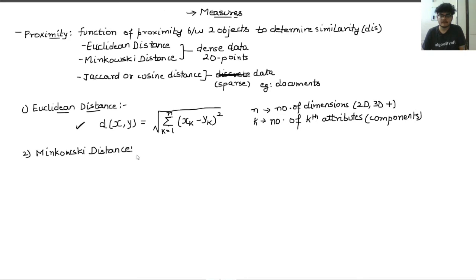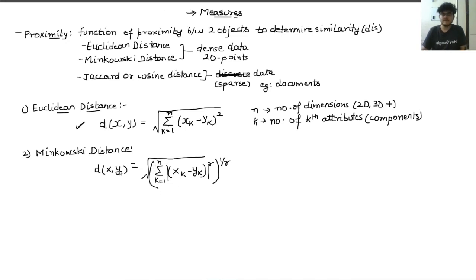The formula is that if you want to calculate the distance of x comma y, you can write the summation from k equals 1 till n, of the modulus of xk minus yk, raised to the power r, and finally this whole thing is raised to the power 1 upon r.